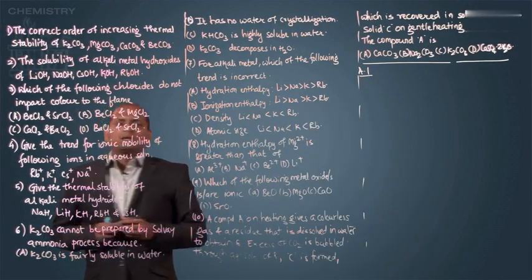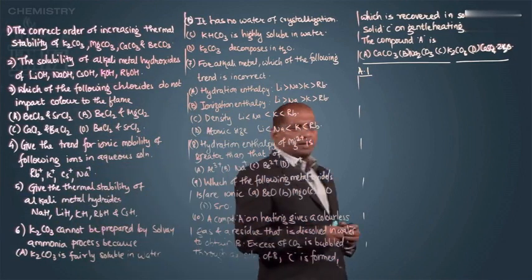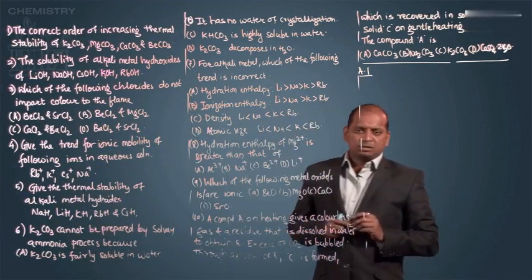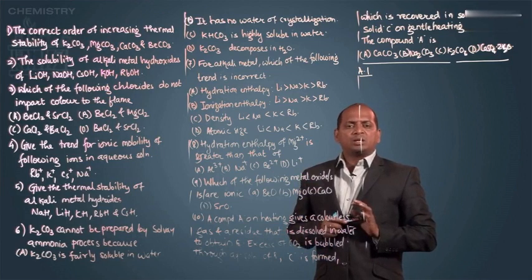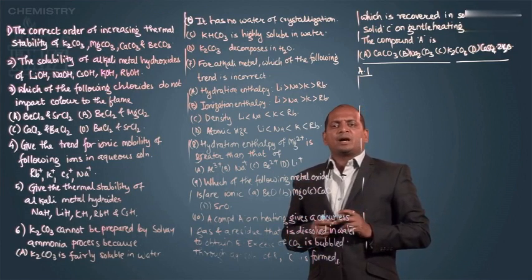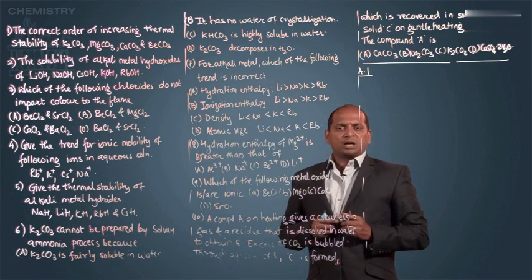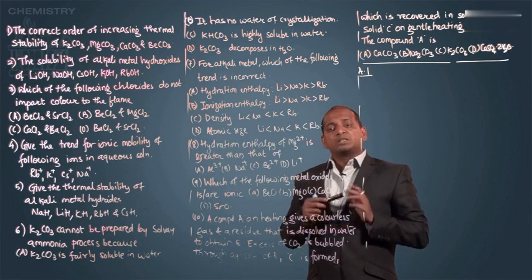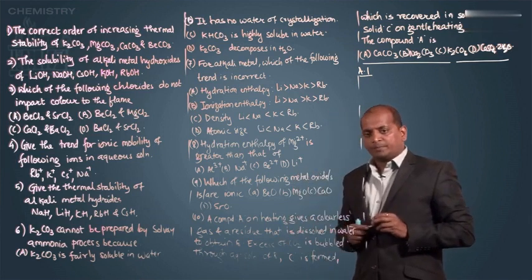we know that alkali metal carbonates are highly stable. They never undergo decomposition. It is because of their high lattice energy, and therefore K2CO3 has the maximum thermal stability.